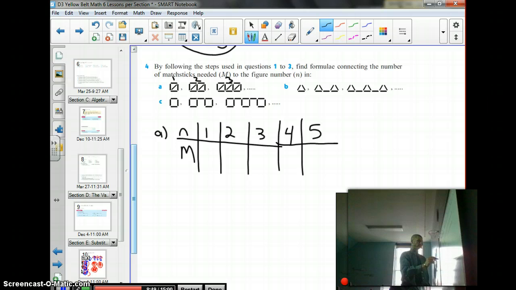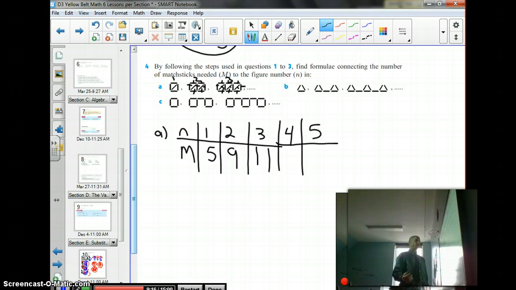The matchsticks in 1 is 5. The matchsticks in 2, well there's 1, 2, 3, 4, 5, 6, 7, 9. The matchsticks in 3 is 1, 2, 3, 5, 6, 7, 8, 9, 10, 11. Okay.